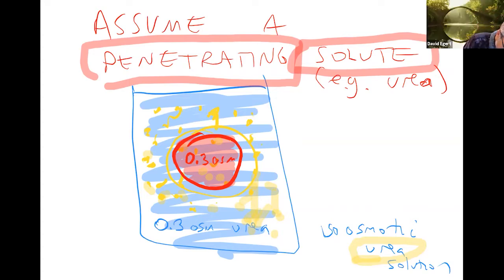So urea wants to come in, as did the glucose or the sodium chloride, but they couldn't because they couldn't cross the membrane. What happens with urea, because it's penetrating, it wants to come in, and by Jove, it can. So the urea crosses the membrane and starts coming into the cell.